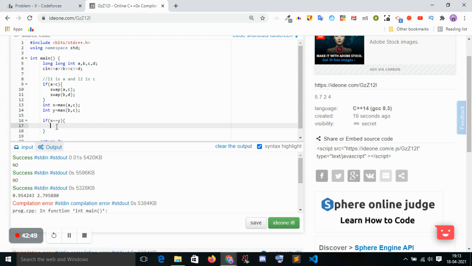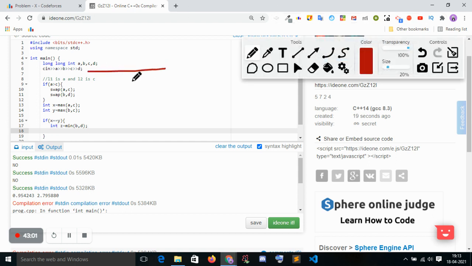Yes, so there is one condition that we have left: int z equal to min B comma D. Why am I doing this? Because think about it, these points are there.